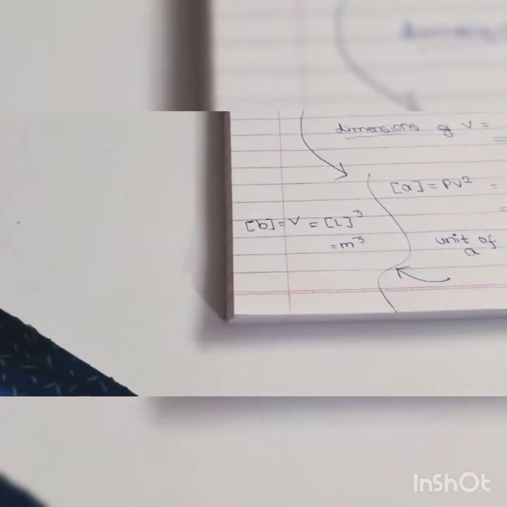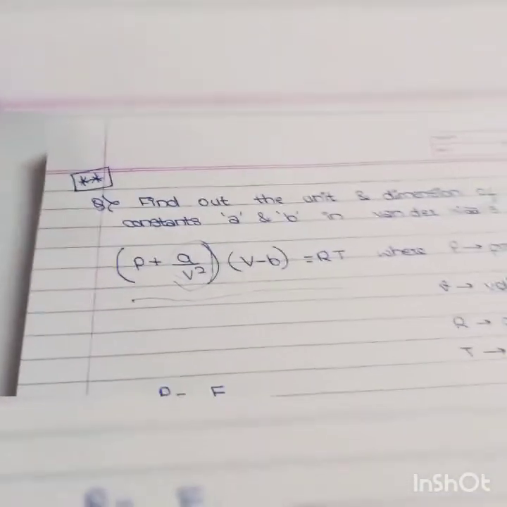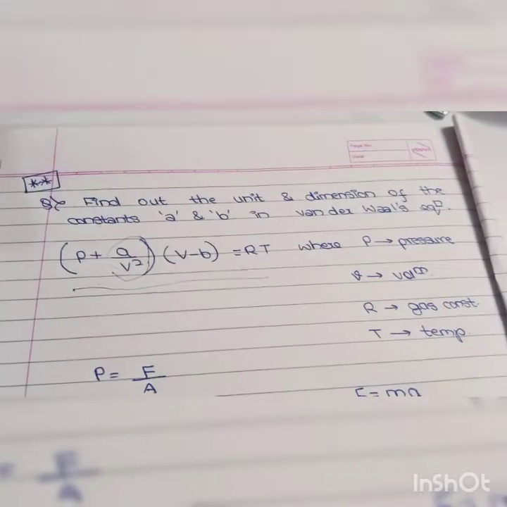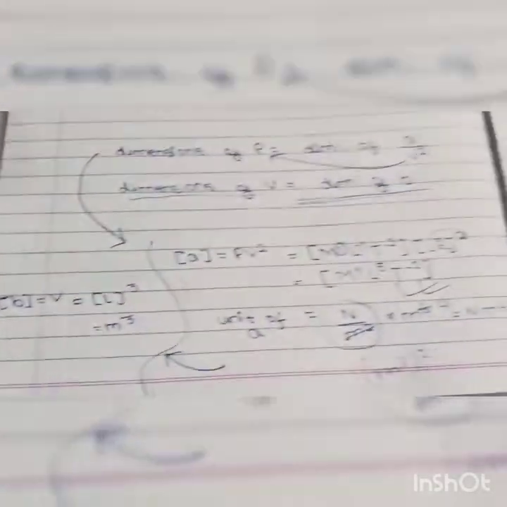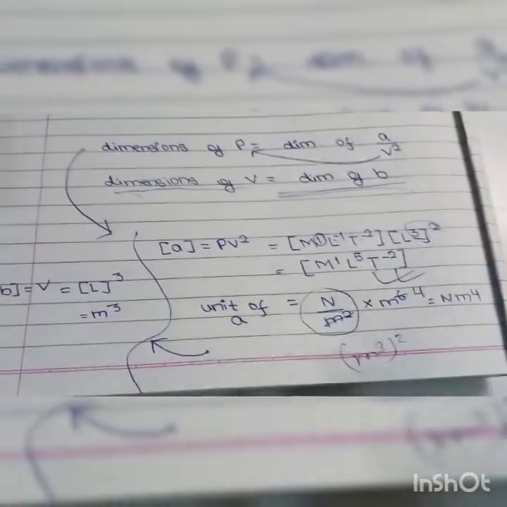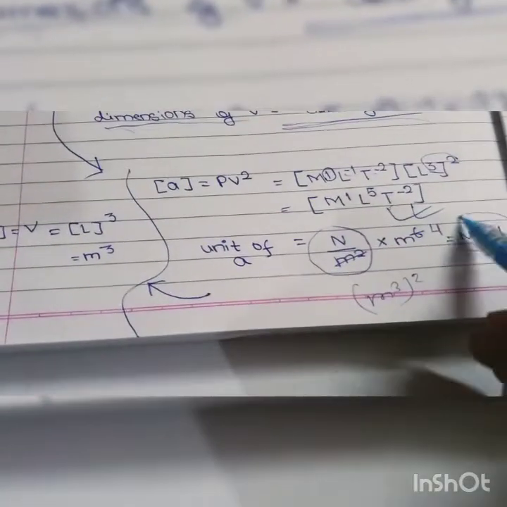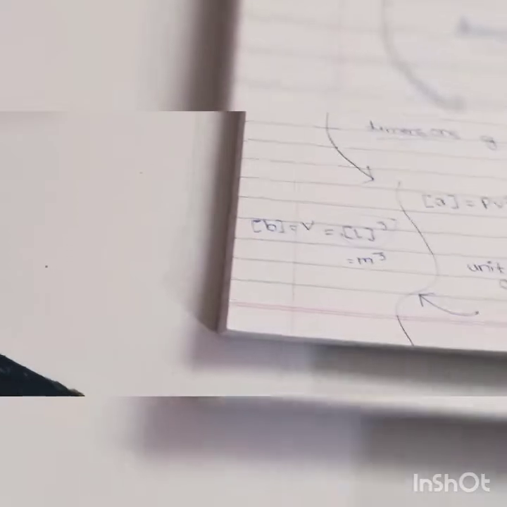So by this we have found the dimensions of the constants A and B. A comes as Newton meter to the power 4, and for B the dimensions are L to the power 3, and the unit is meter cubed.